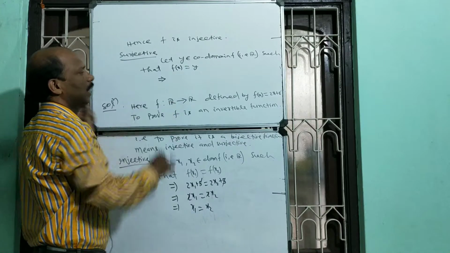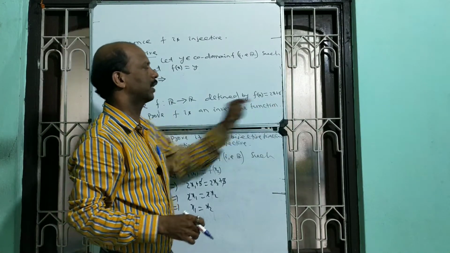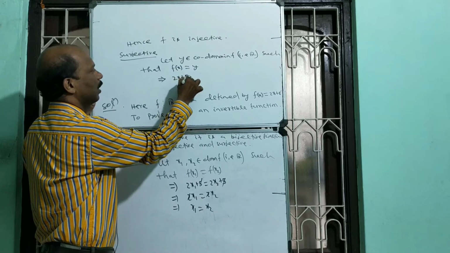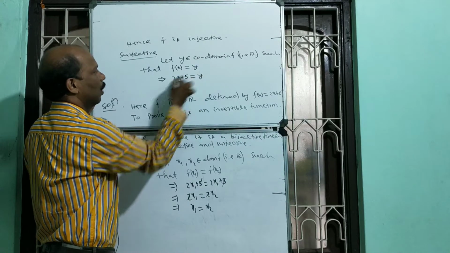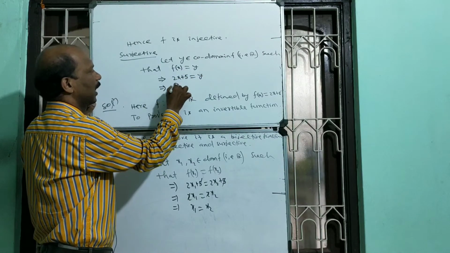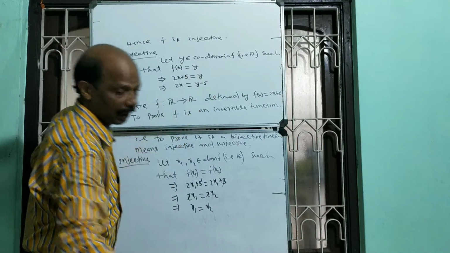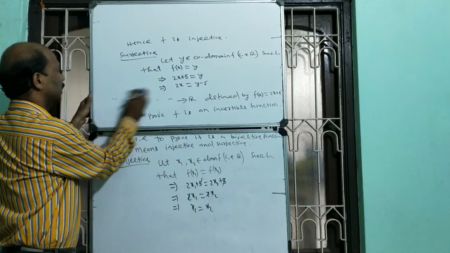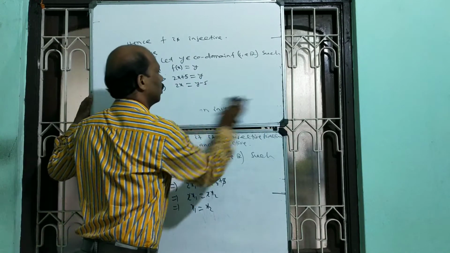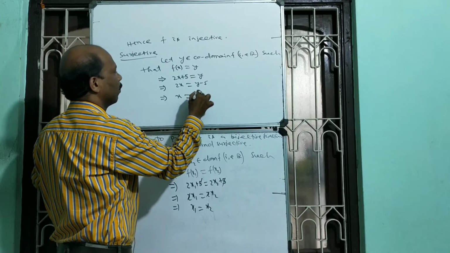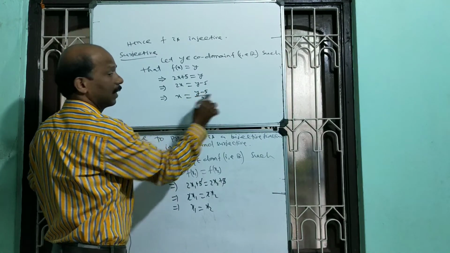But f of x is given as 2x plus 5. In place of f of x, we can write 2x plus 5 is equal to y. We are searching for x, that means 2x is equal to y minus 5. That implies x is equal to (y minus 5) by 2.